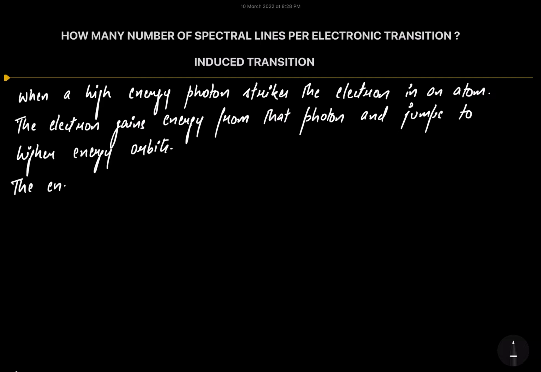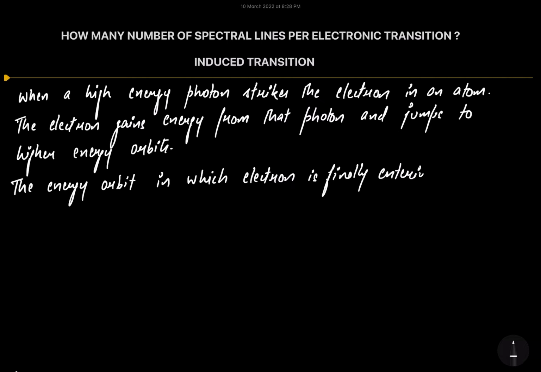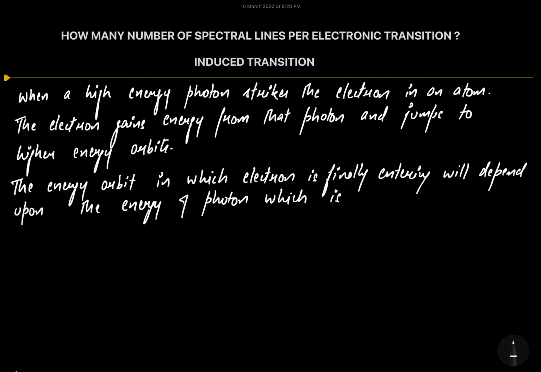The energy orbit in which the electron is finally entering will depend upon the energy of the photon which is striking the electron.